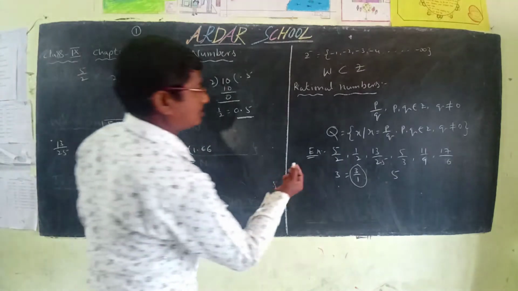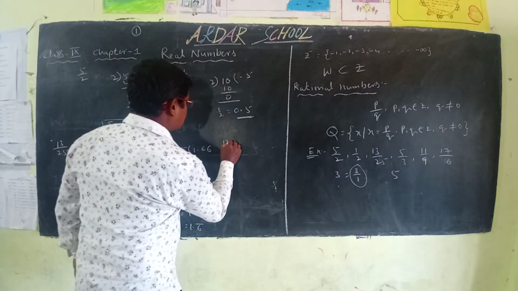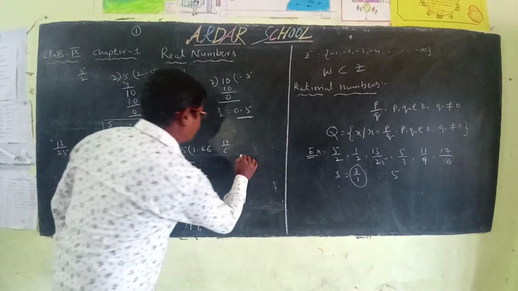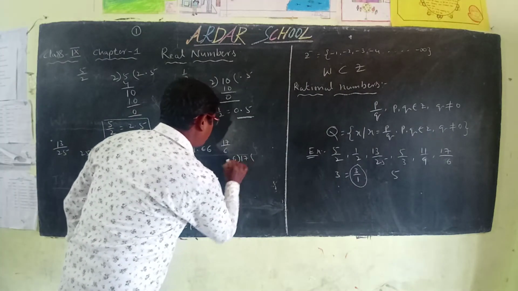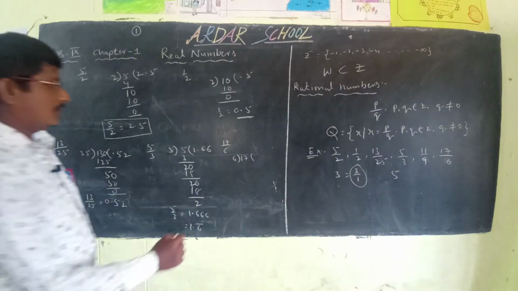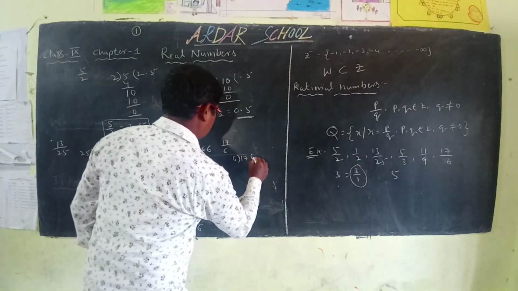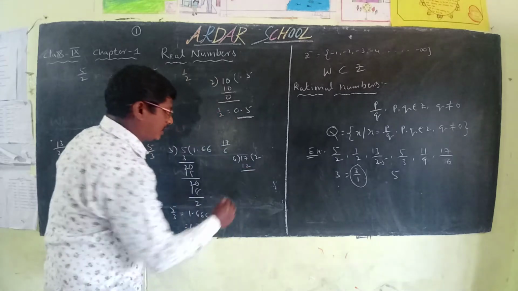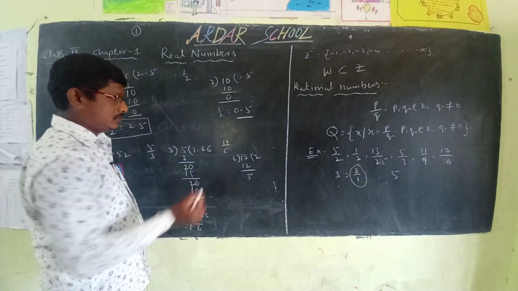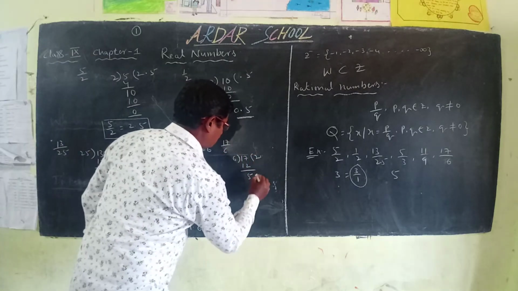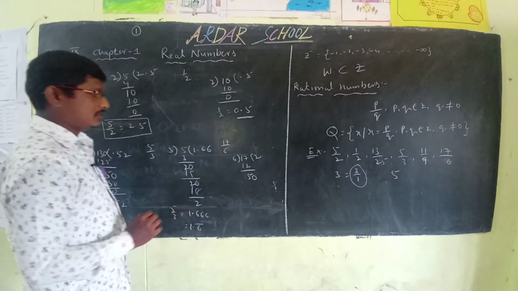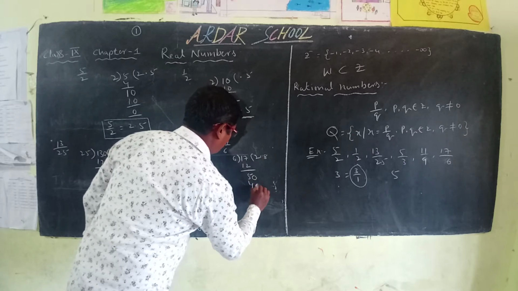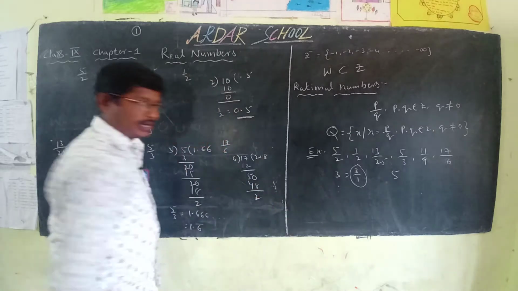Next, 17 by 6. So 17 is divided by 6. 6 twos are 12. Remainder is 5. Take the decimal point. Take 0. 6 eights are 48. 2 is the remainder.